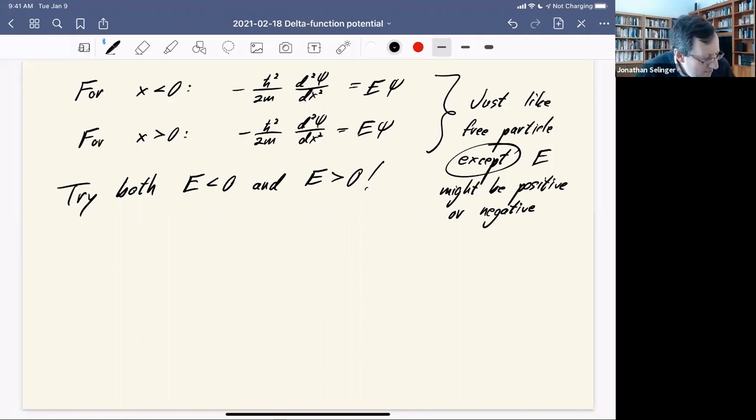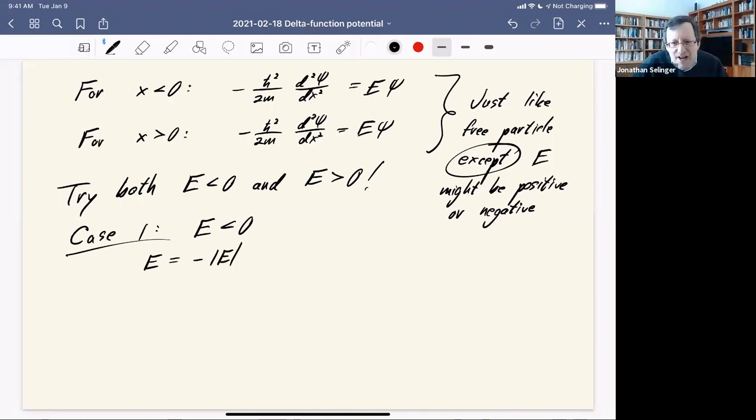So let's say case one is E negative. Let's try that, okay? So E is negative. So to help me remember that it's negative, I'm going to write it as negative absolute value of the energy, okay?